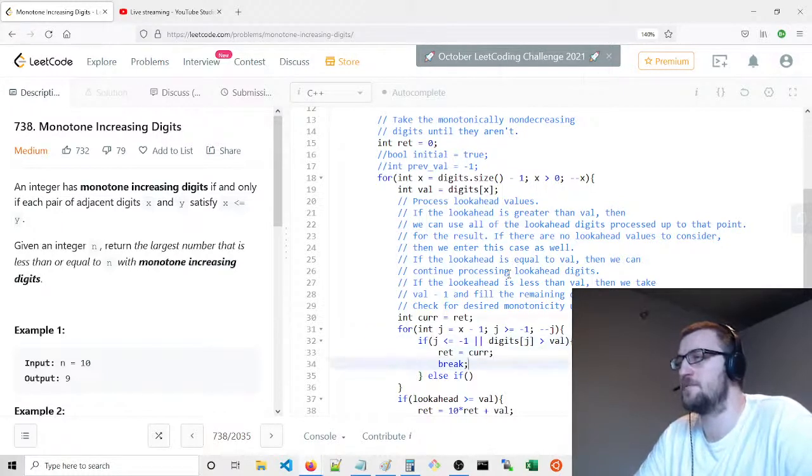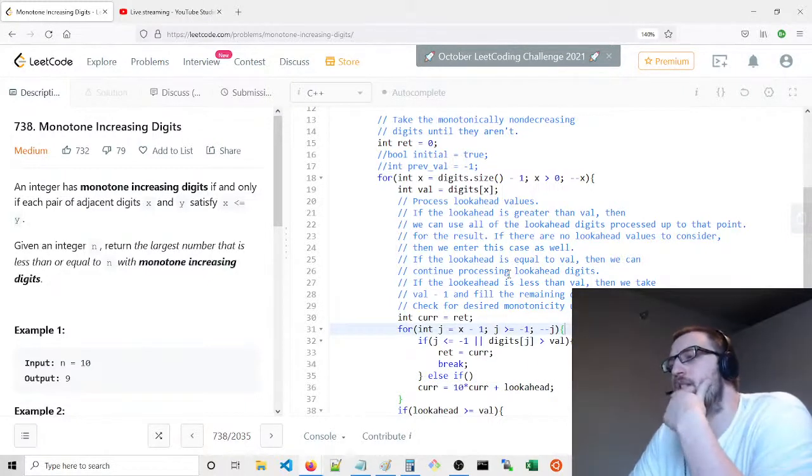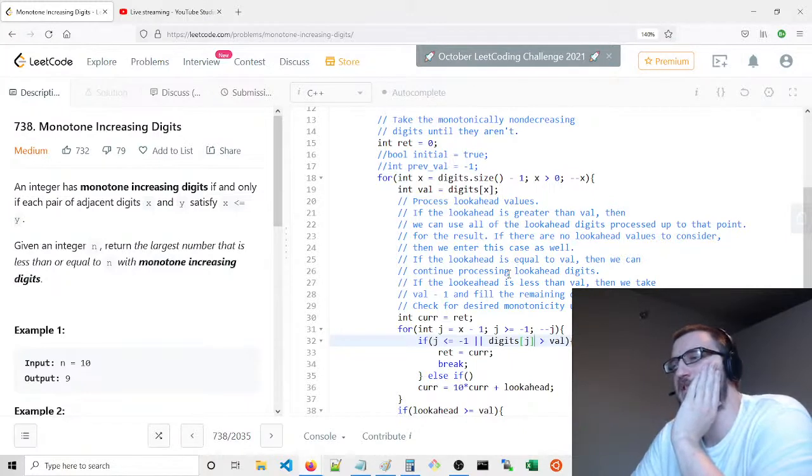Something like this, I suppose. So if this digit is greater than value, then we want to set ret equal to current.